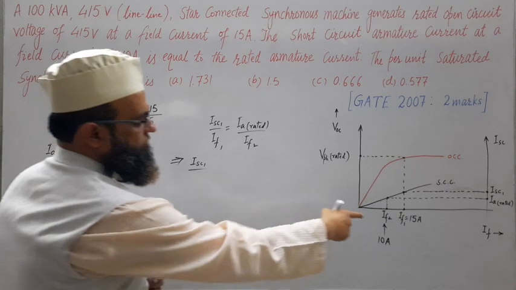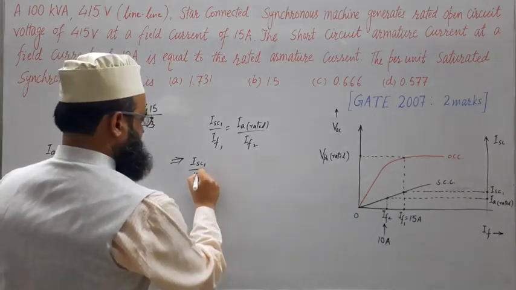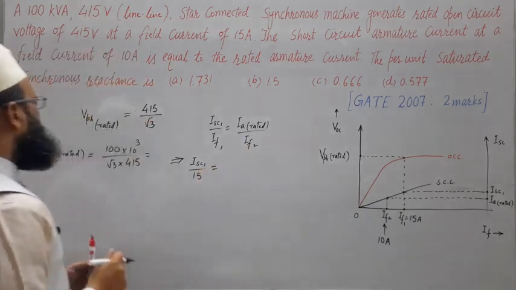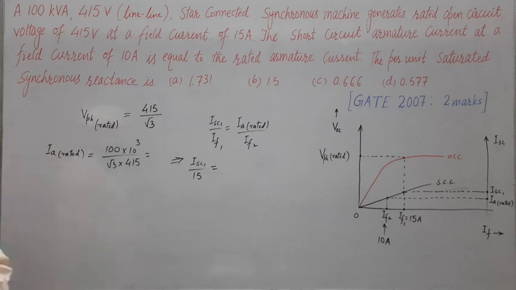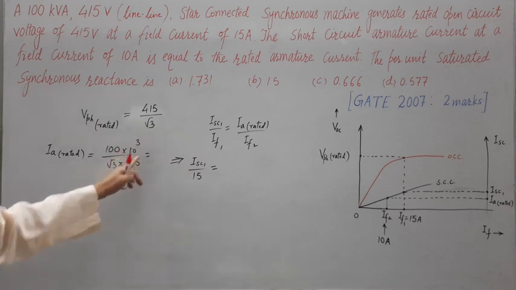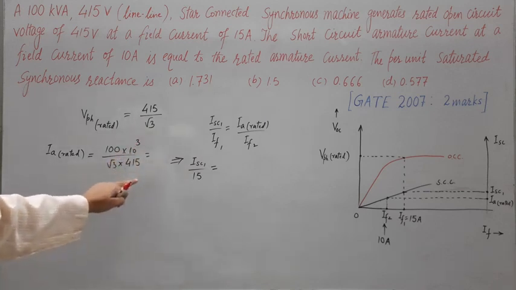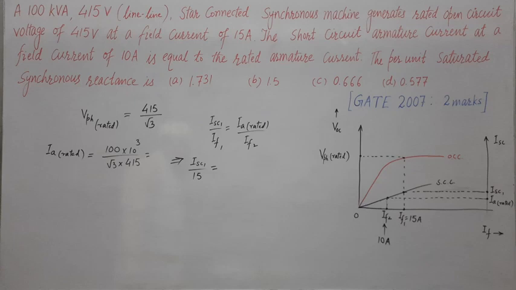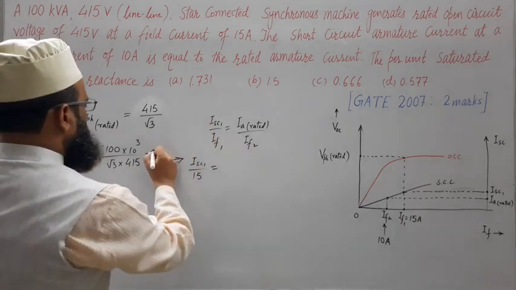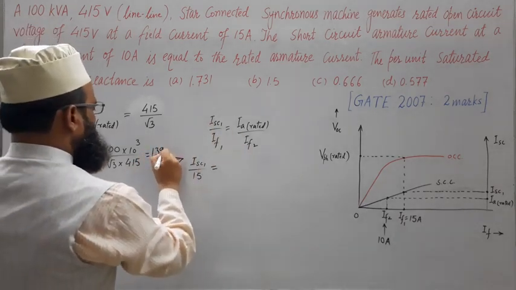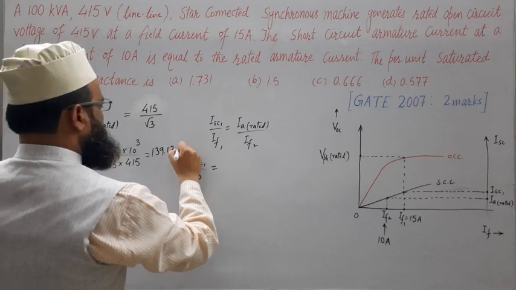This implies ISC1 upon IF1, that is 15, is equal to IA rated upon IF2. How much is IA rated coming out to be? Just calculate this. IA rated is 100 into 10 to the power 3 upon root 3 into 415, which comes out to be 139.12 ampere.